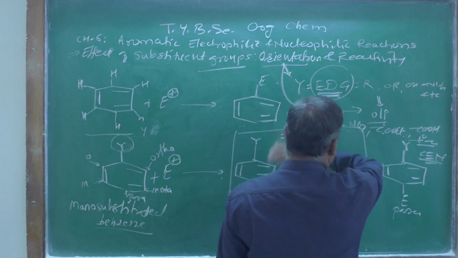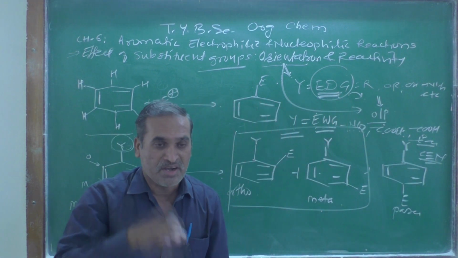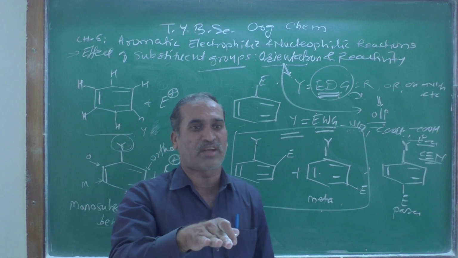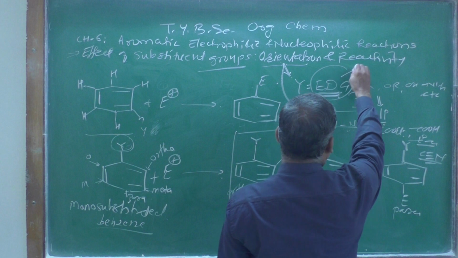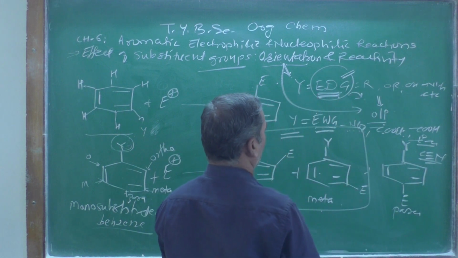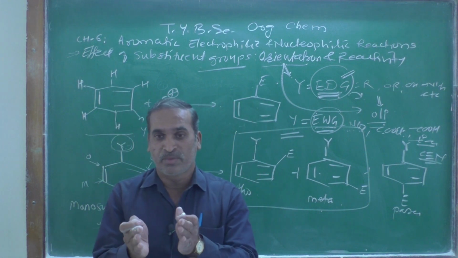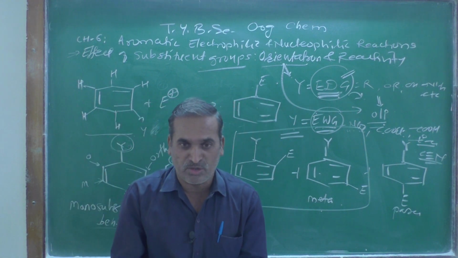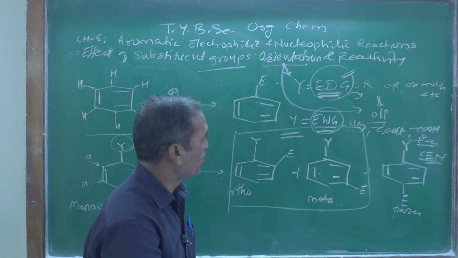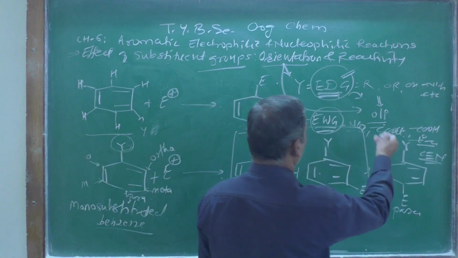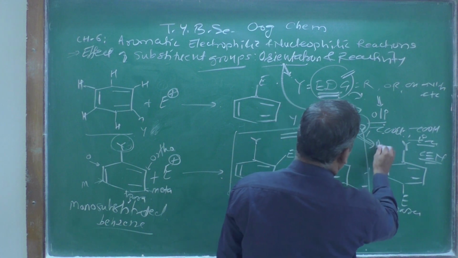If electron donating groups are present, they are ortho and para directors. Director means they direct what kind of product is produced, depending upon the group. If electron withdrawing groups are present, the group present on the benzene ring directs what kind of product is going to be produced. They always end up as meta directors.